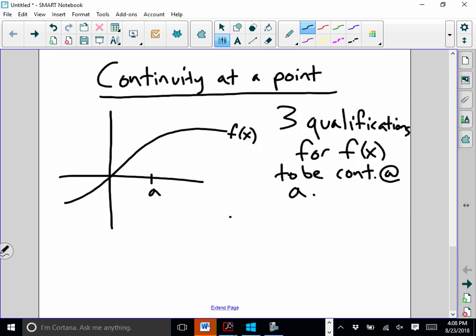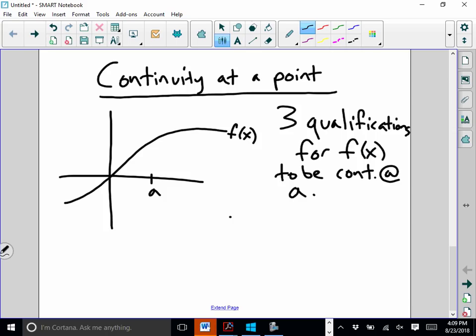Could be 5, could be 20. Who cares? Just any point a. One thing we know has to be true is that for a jump or an infinite discontinuity, the limits didn't exist. So we know that a limit has to exist.